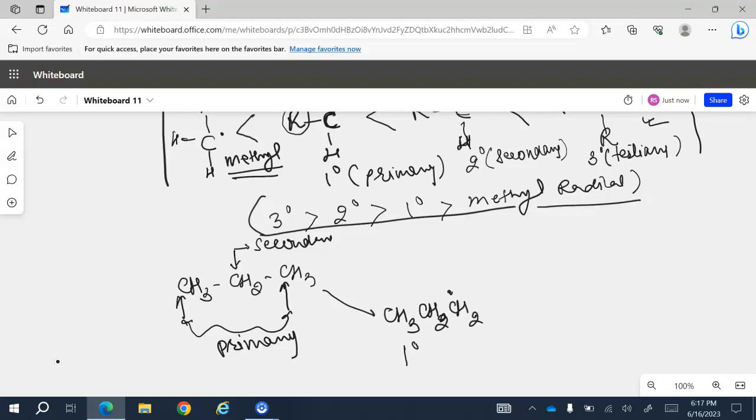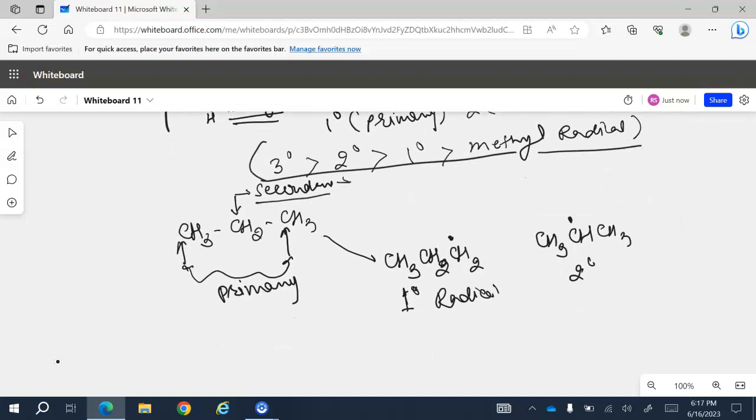That will be primary radical. See that this has two hydrogens, only one R group. This dot is the radical, remember that. That is your primary radical. Whereas if we remove the secondary hydrogen, the resulting radical will be CH3CHCH3, where the radical is on the middle carbon. This will be our secondary radical. And this secondary radical is far better than the primary radical from our understanding.